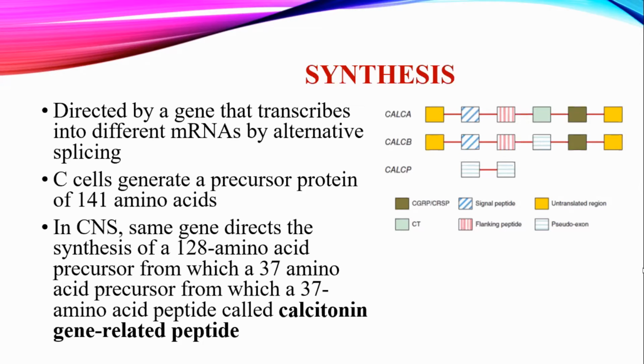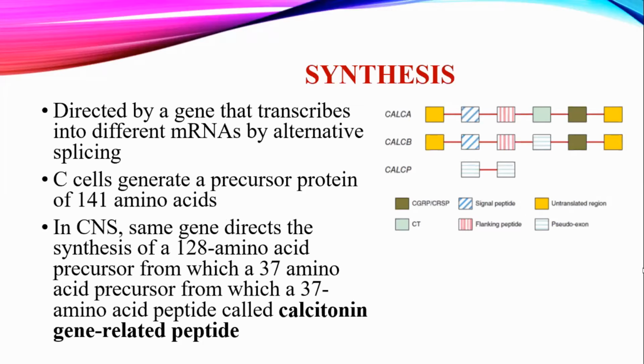The gene is transcribed and the hormone is synthesized in the parafollicular cells of the thyroid gland. These C cells generate a precursor protein of 141 amino acids, and after trimming, the mature calcitonin hormone contains a 32 amino acid sequence.